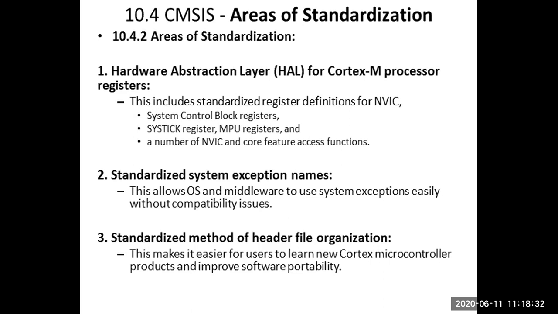Next, system exceptions. CMSIS allows the OS and middleware to use system exceptions easily without compatibility issues. Compatibility means CMSIS can cope with the Cortex M0, Cortex M1, Cortex M3, different microcontroller architectures. So the exceptions may be few common or maybe different.